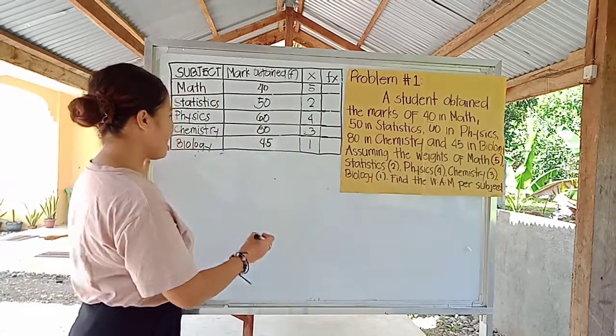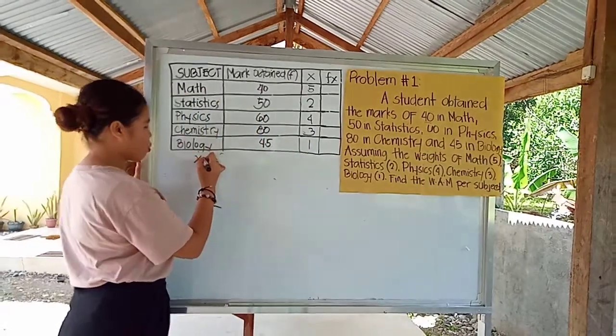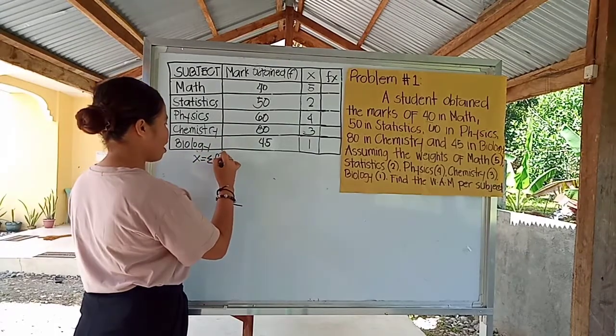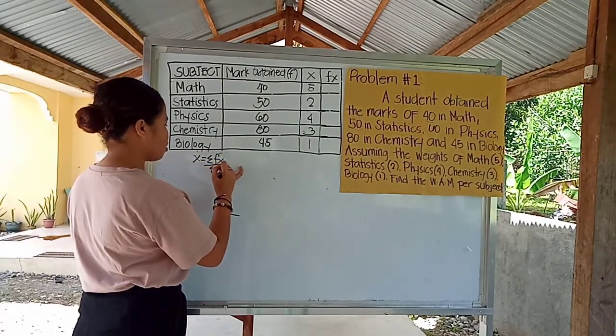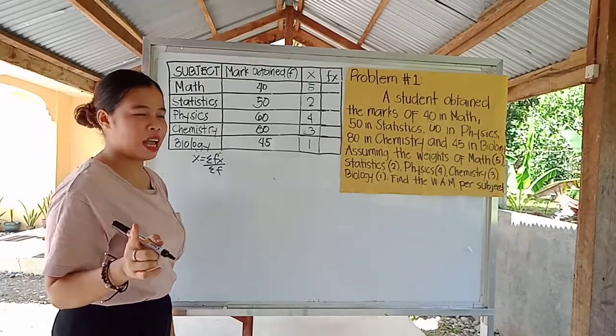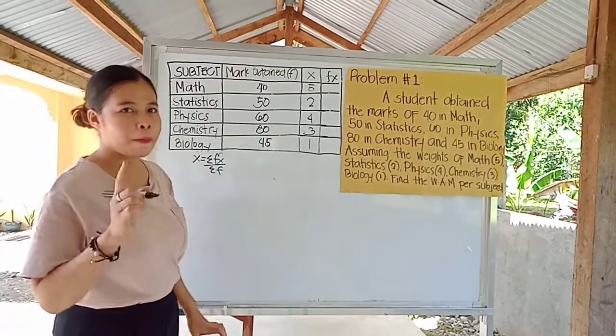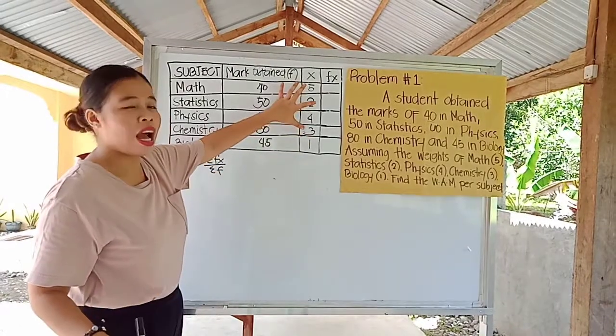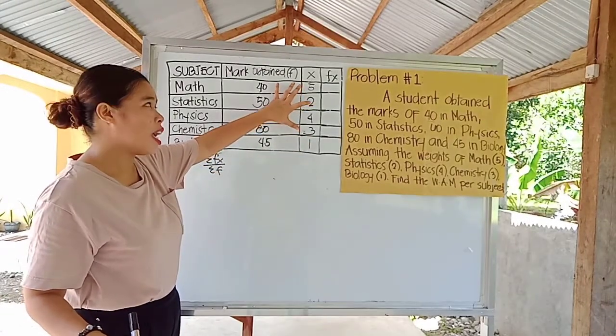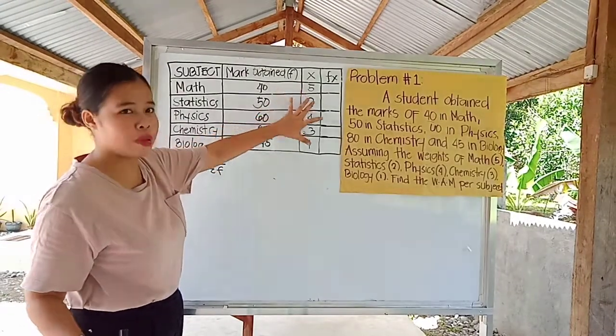So our formula is x is equal to summation of fx divided by the summation of f. Our first step is we are going to copy all the marks obtained per subject and multiply each by the assuming weight.